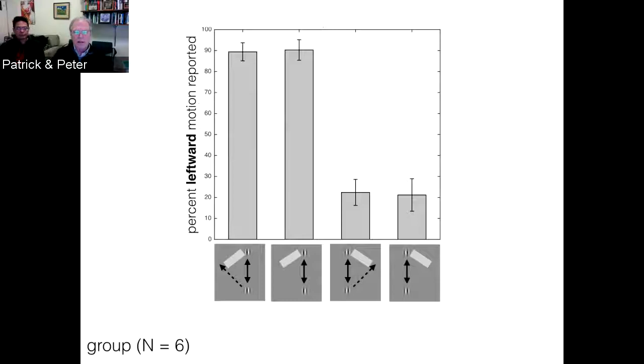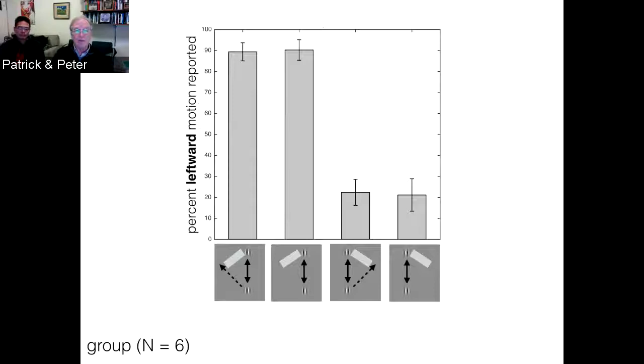So if that's where the attention was, or that's where the trigger was, then the motion should be leftward in both of these cases. However, if it's the perceived location that counts, then in the leftmost bar, the motion should have been rightward because it flashes on and it's to the right of the perceived offset.